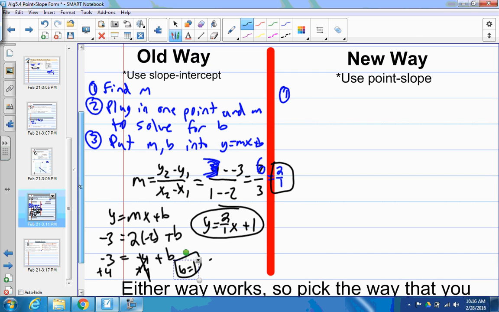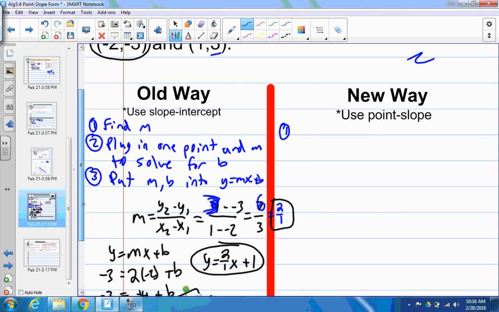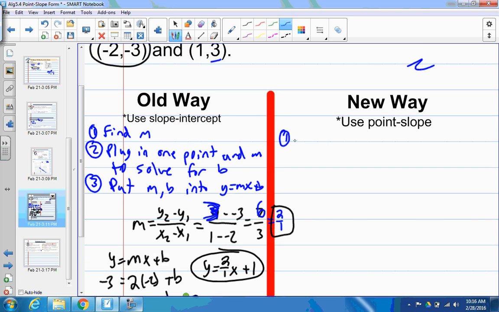Now here's another way to do it, using point slope. This is a new way. You can do it either way, but here's a new way. We're going to first find m again. Then we're going to plug in a point and m again for point slope form.